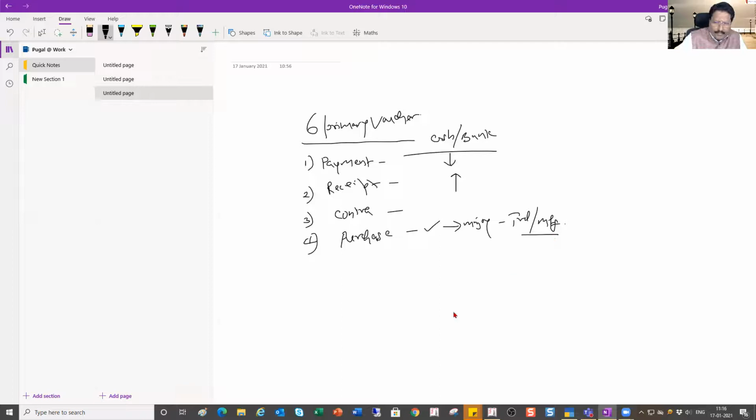Then comes your sale. The fifth one is your sale entry. All the sales for which the company raises a sales invoice, you will do as part of sales, because these are the income of the organization. So you make a sales invoice.